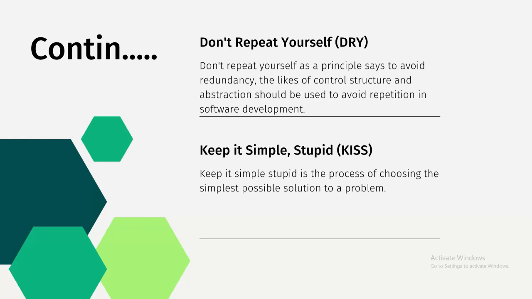Let's say you have a function or a piece of code that can do one task, and you need to perform that task in 5 different places. Instead of writing that piece of code in those 5 different places to carry out the same task, you are advised to utilize just one piece of code or one function in those 5 different places.